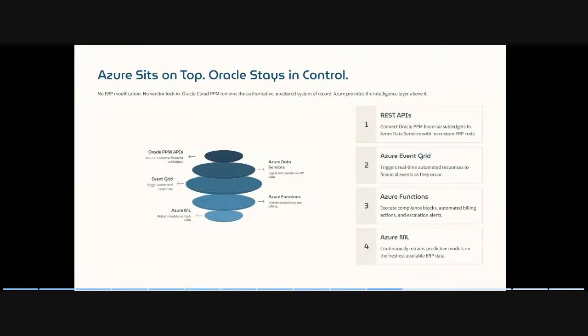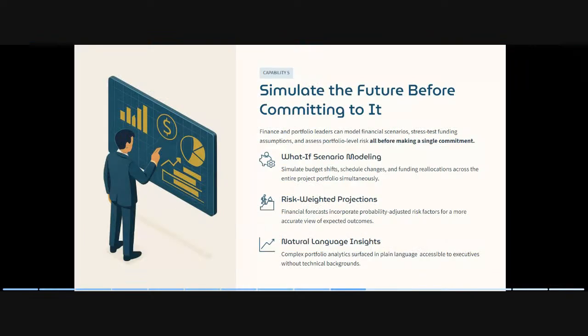Sorry, I went to the next one. Okay, so this capability provides executive level decision intelligence. As I mentioned before, leadership can run what-if scenario simulations across the portfolio of projects.